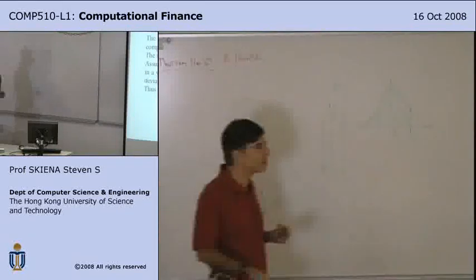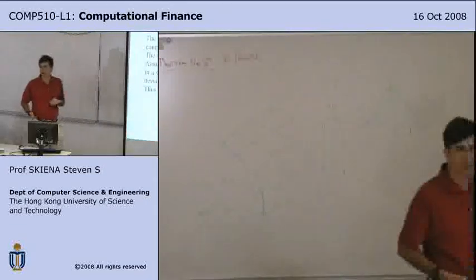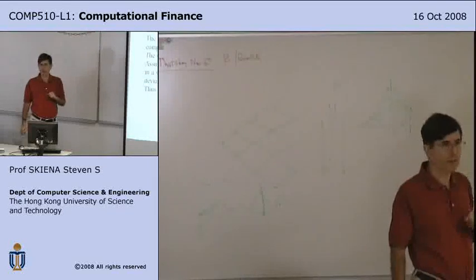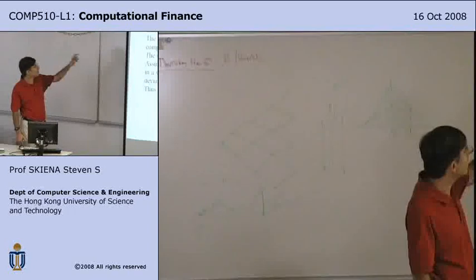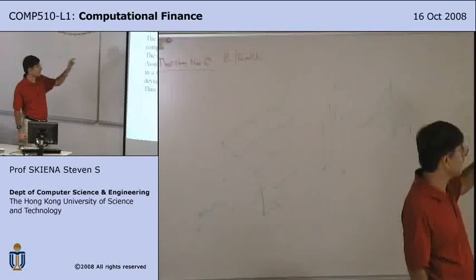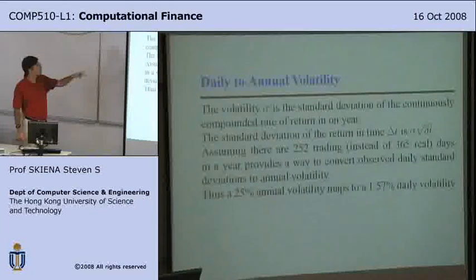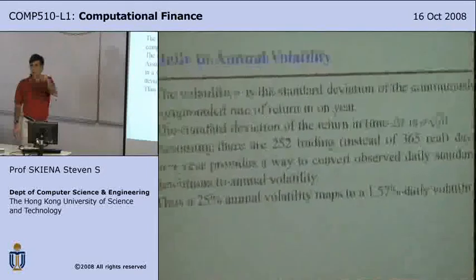And for a similar kind of reason, the square root of time shows up in this equation. That's my way of thinking about it. So if you want to go from annual volatility to daily volatility, you need to adjust it by this factor of the square root of the amount of time that you're doing. Any questions?